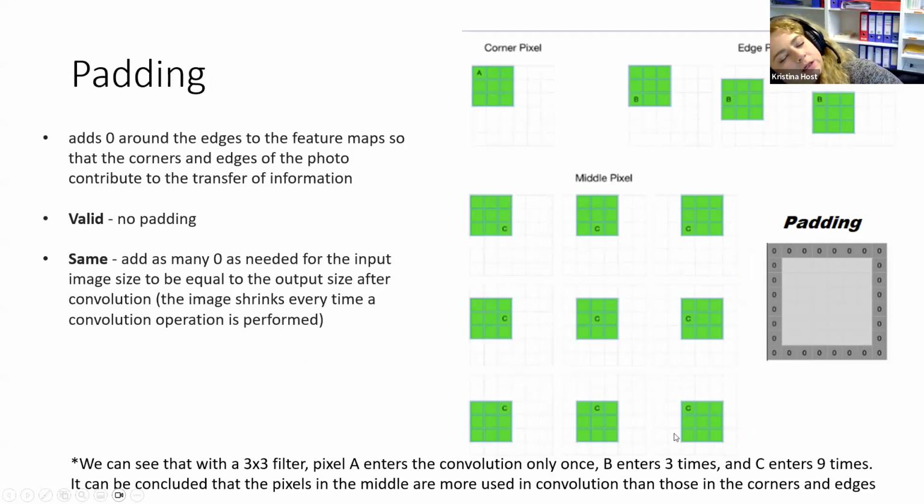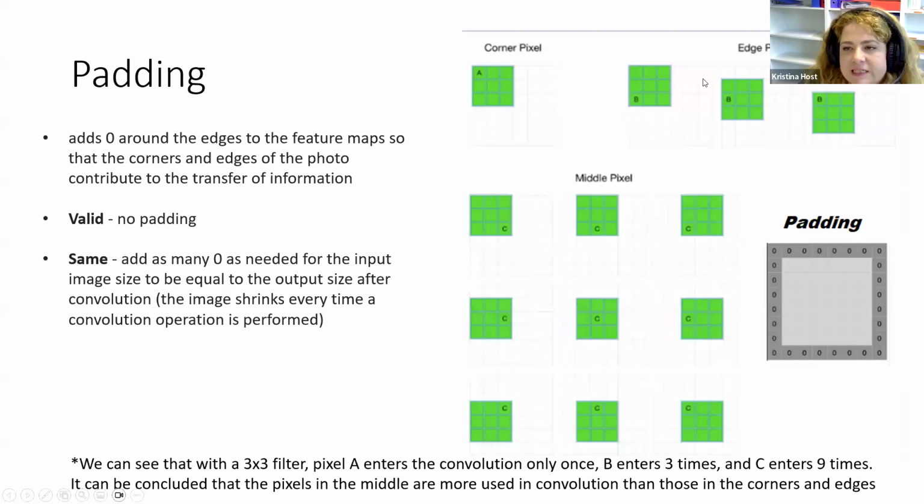One more thing that is important when we define our convolutional neural network is that if you look at an image and you have a filter that is 3 by 3 sliding over the image, this pixel at the corner will be taken into consideration for convolution just one time.